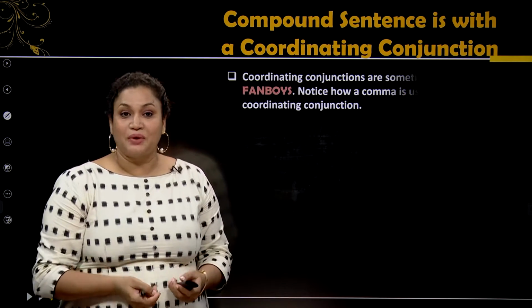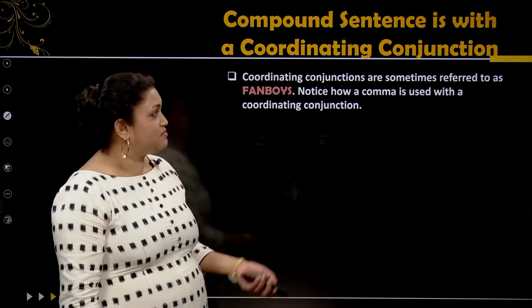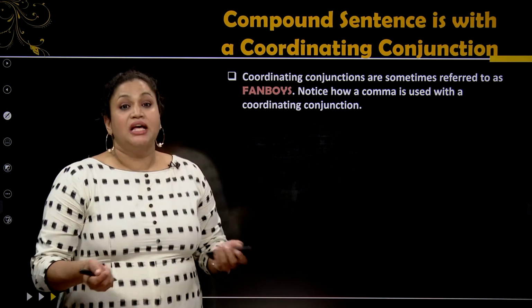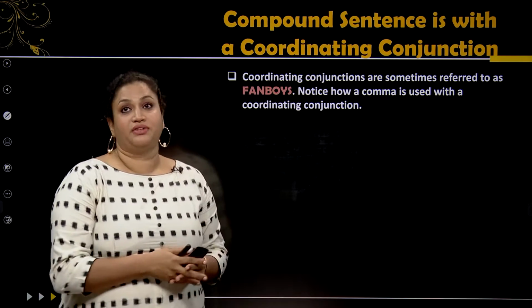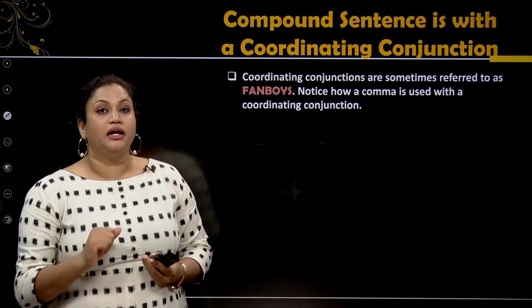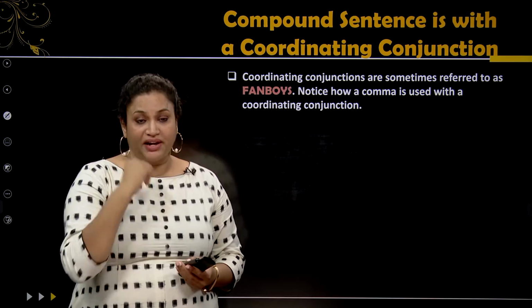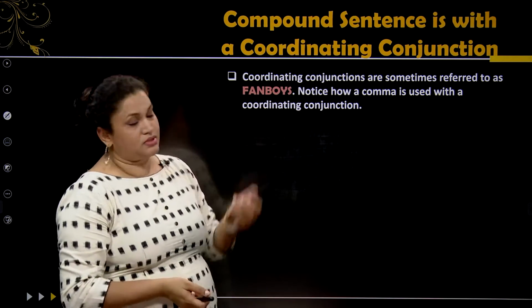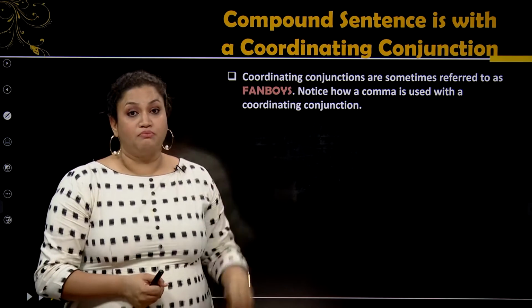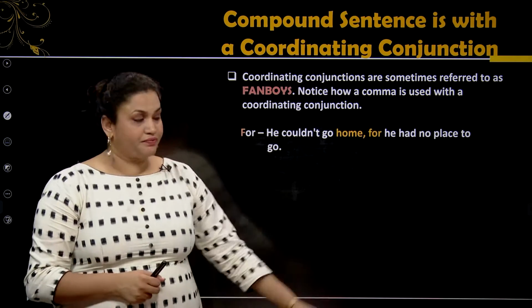Let's see how it is. Coordinating conjunctions are sometimes referred to as FANBOYS, and notice how a comma is used with a coordinating conjunction. A coordinating conjunction can be used with phrases, clauses, and to join sentences, supposedly the compound sentences. Let's check some.